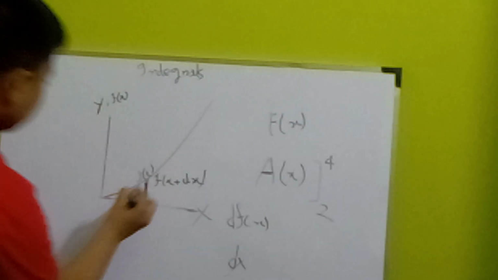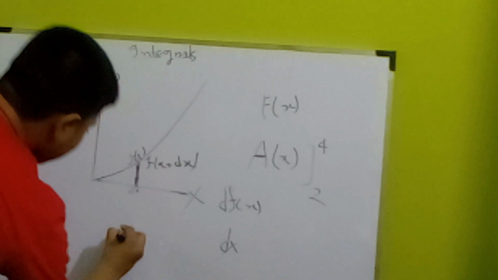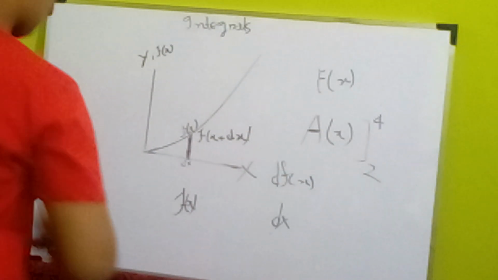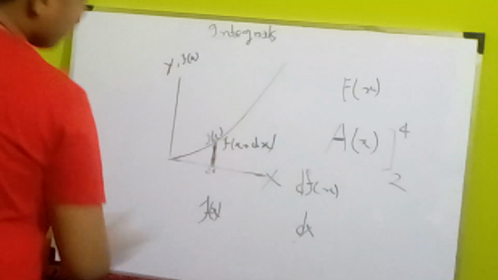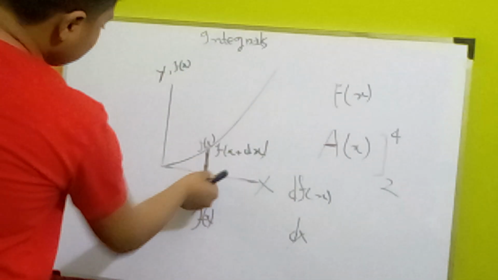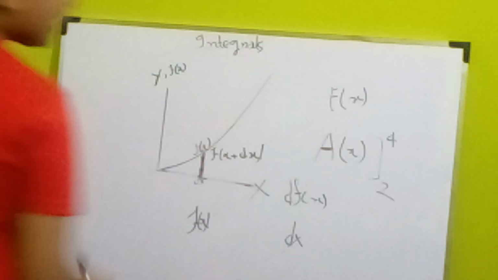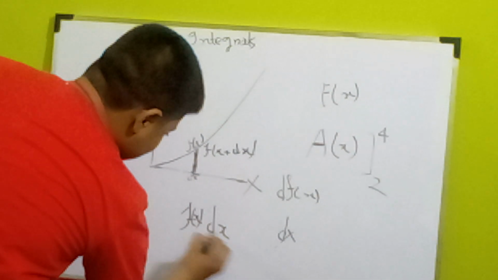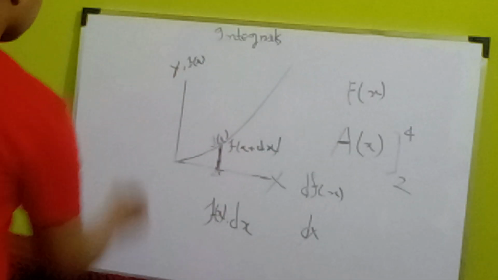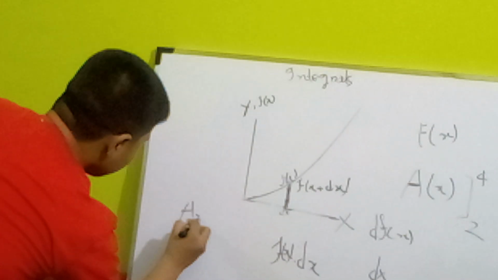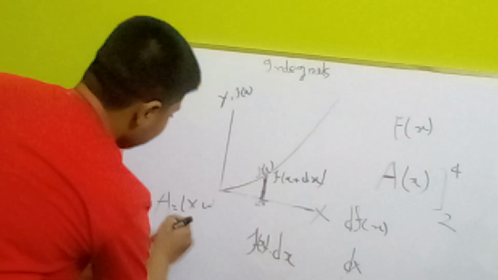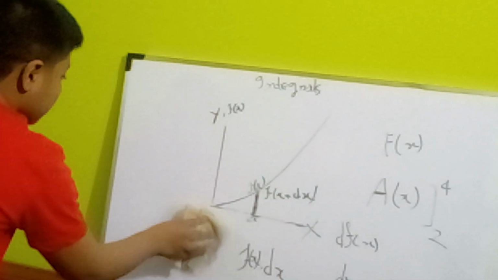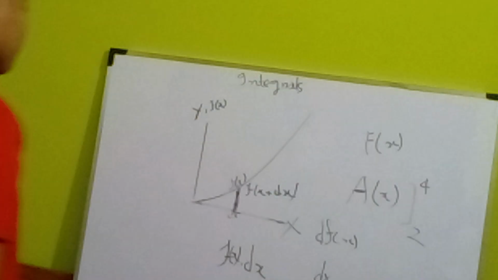As we know, this little length here is f of x, and this little width, or the infinitesimal change in x, is given by dx. This just comes from the area of a rectangle, length times width. This is the length, this is the width, or whatever you say based on the orientation.